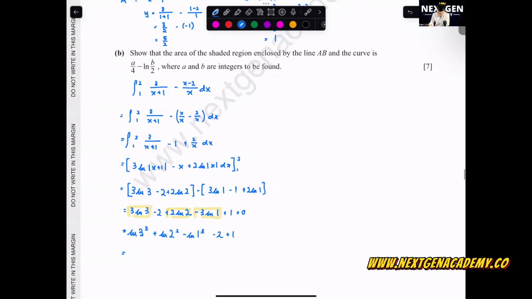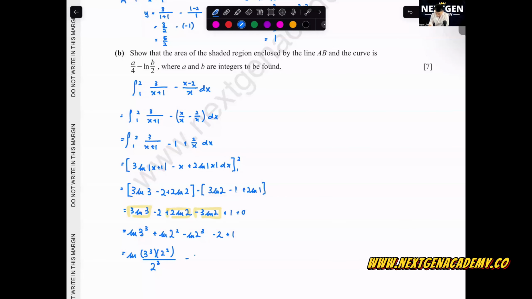Here will become ln 3 cubed times 2 squared over, is this 1 or 2? Okay, this one should be 3 ln 2, not ln 1. ln 2, over 2 cubed.